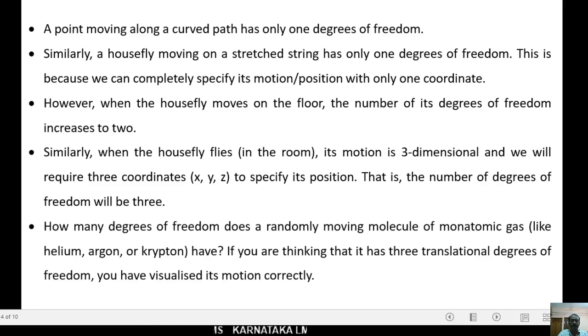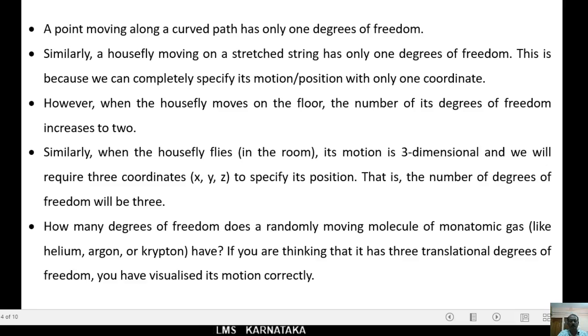How many degrees of freedom does a randomly moving molecule of monatomic gas, for example helium, argon or krypton, have? These are all monatomic gases.